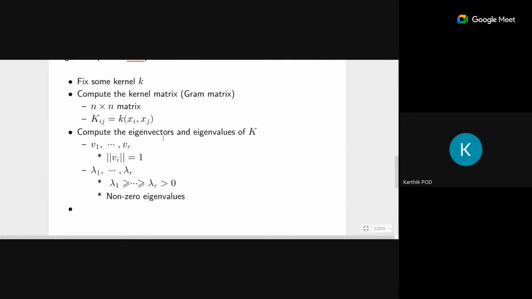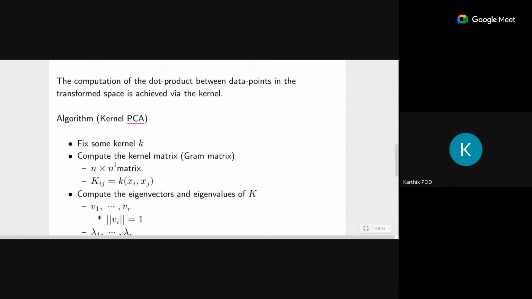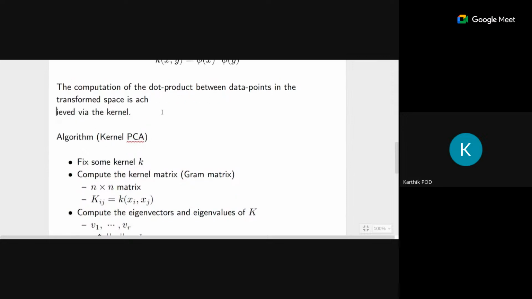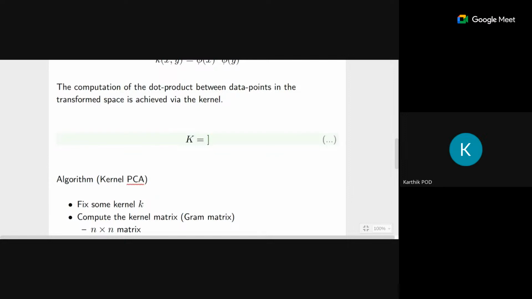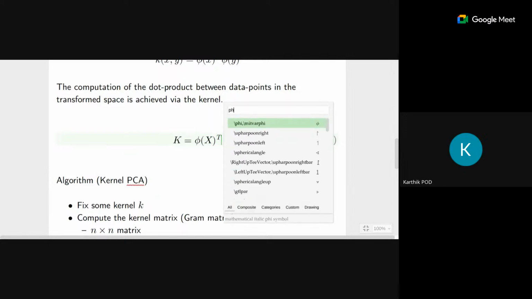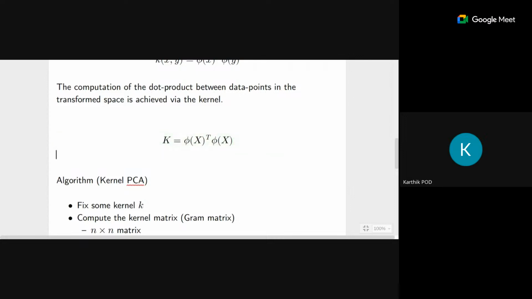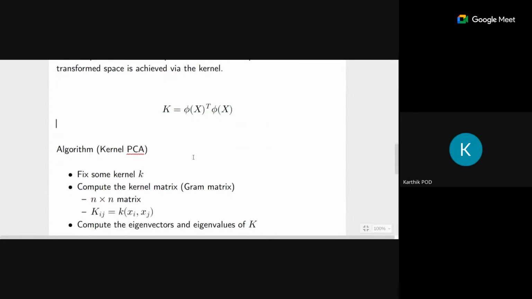You're still talking about this matrix, phi of x transpose phi of x. It's good to keep in the back of your mind that K is actually, for some phi, phi of x transpose phi of x. So you now need to get back to phi of x phi of x transpose, that is the covariance matrix.